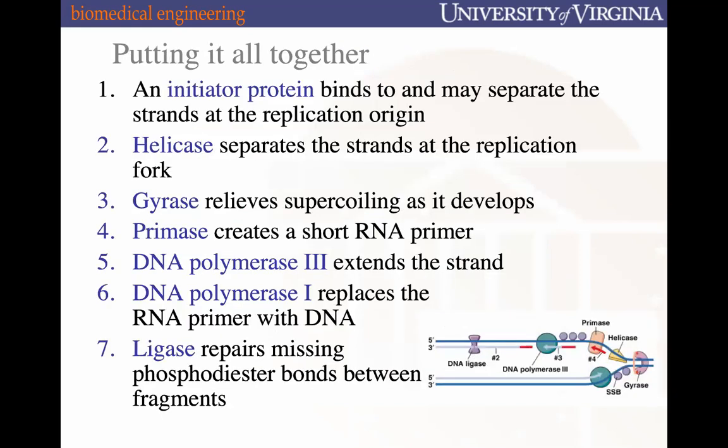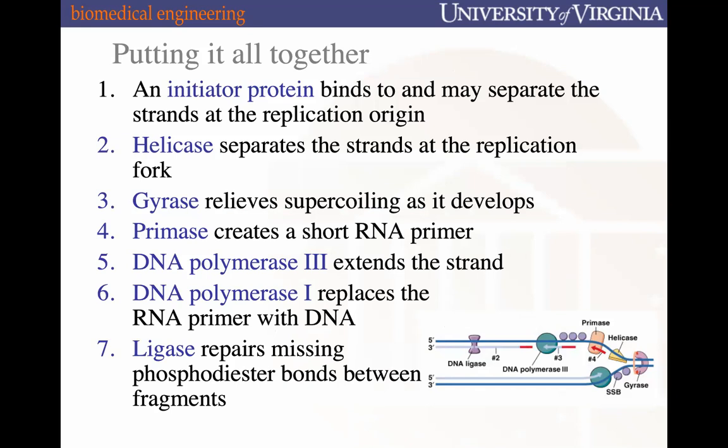So again, putting all of this together, we've done it a couple times now, but repetition helps. We have our origins of replication, which are the sites of replication beginning. The initiator proteins will bind to the replication origins. These initiator proteins for prokaryotes are DnaA.